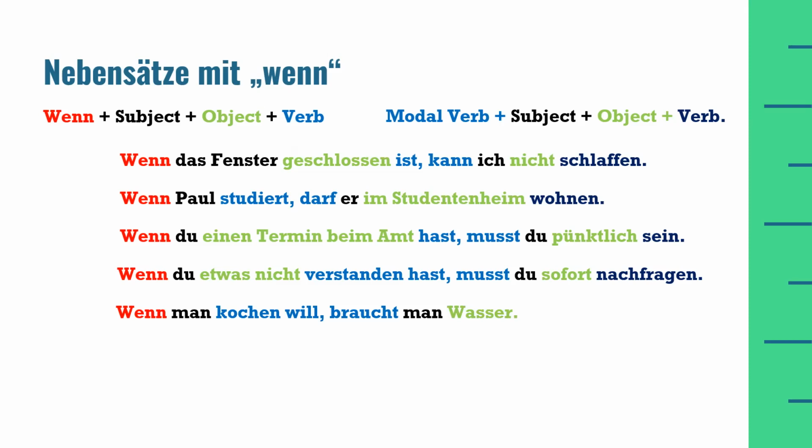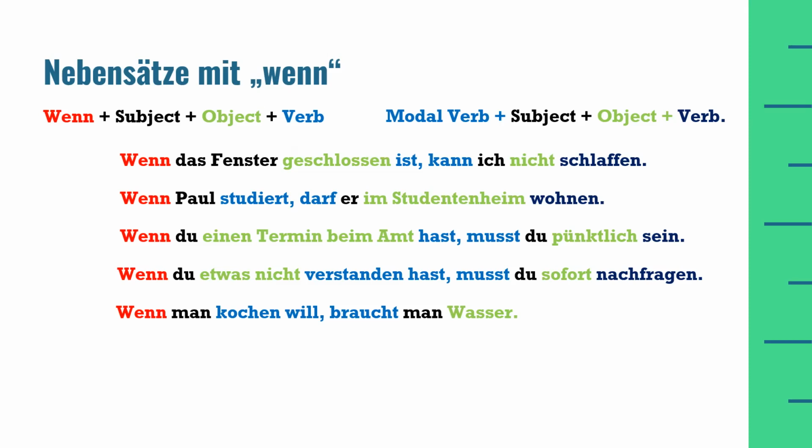So if this is the case, then wenn will be at the first position, at second position we will use the subject. The subject is man, and then comes the main verb which will be in the infinitive form because we are using a modal verb, and the modal verb will come at the last position of the Nebensatz, and it will be conjugated according to the subject of the Nebensatz. So wollen becomes will for man, the subject, and kochen remains kochen.